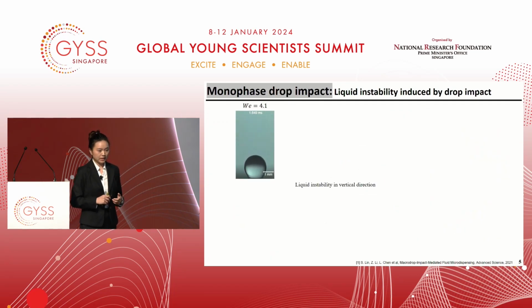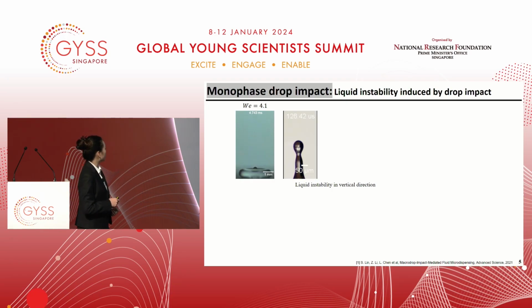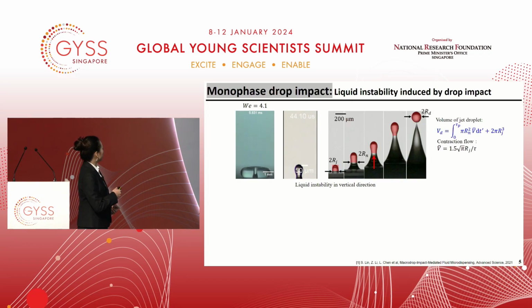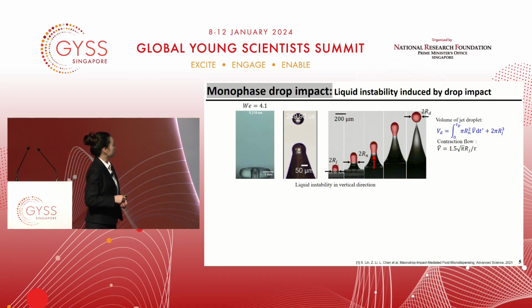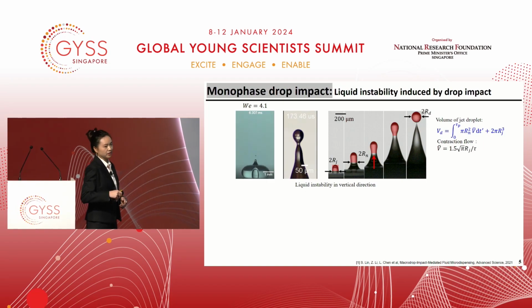The liquid instability not only occurs in the radial direction, but also in the vertical direction. As shown in this video, after impact, a bubble is entrapped in this droplet and a singular jet is shot out. Let's look at the evolution of the singular jet in a higher resolution. We can see that in the rising process, it is not stable. The neck of this singular jet gets thinner and thinner until a critical point is reached.